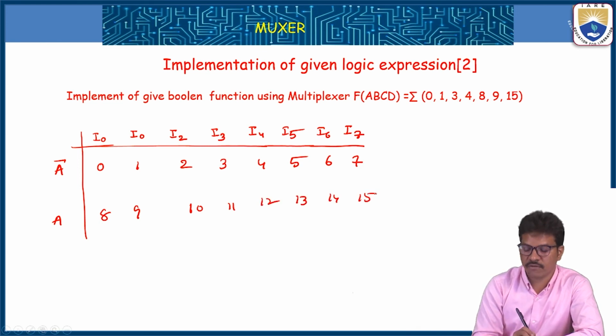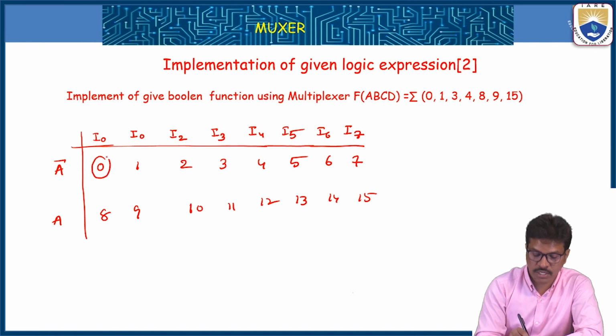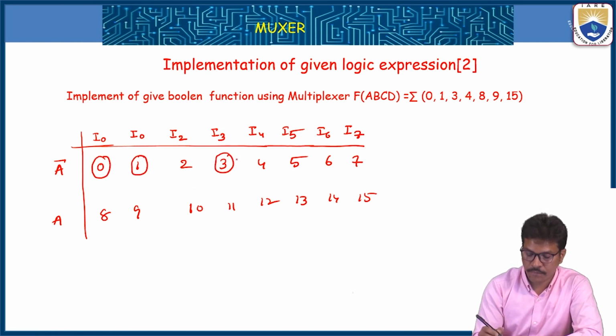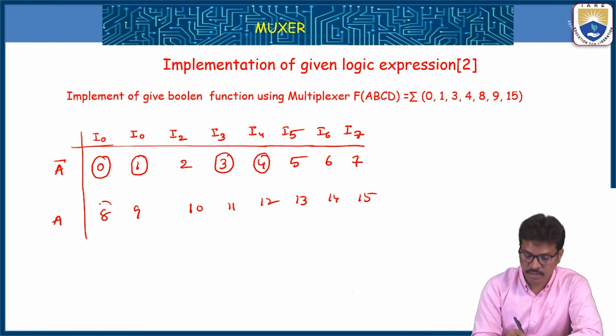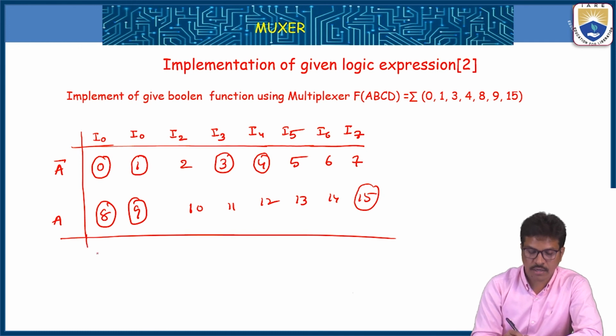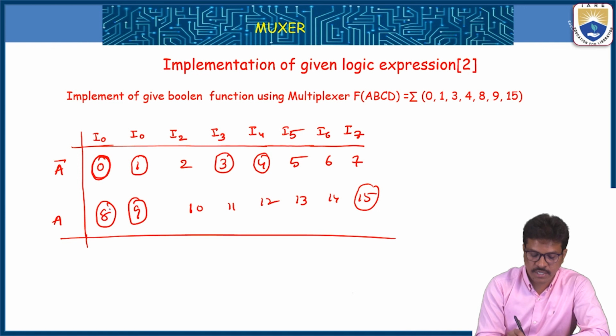What are the minterms given in the problem? 0 is given, 1 is given, 3 is given, 4 is given, 8 is given, 9 is given, 15 is given. Column-wise, if both minterms are circled, we will get 1.